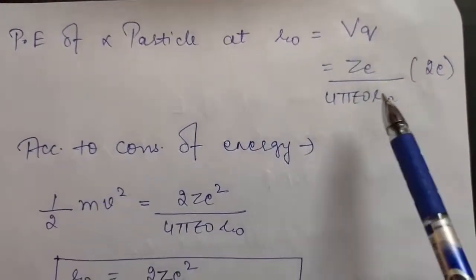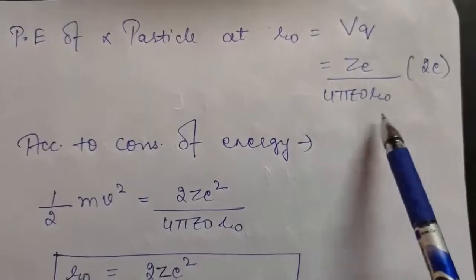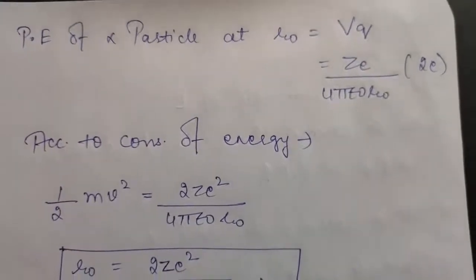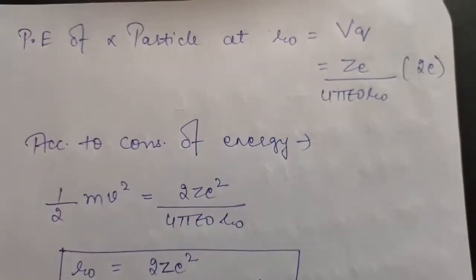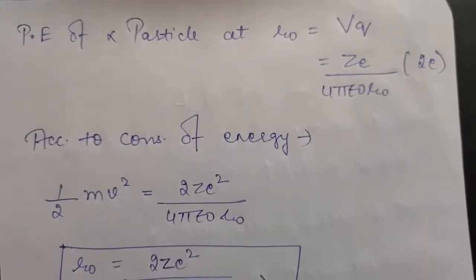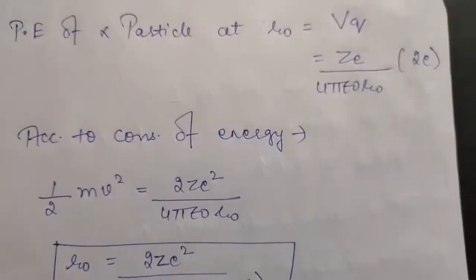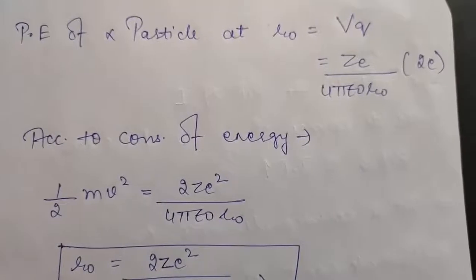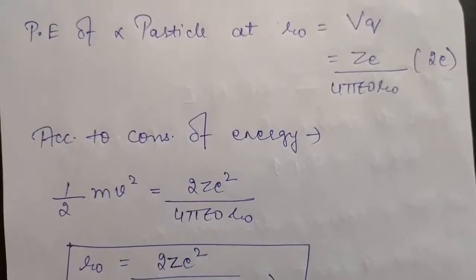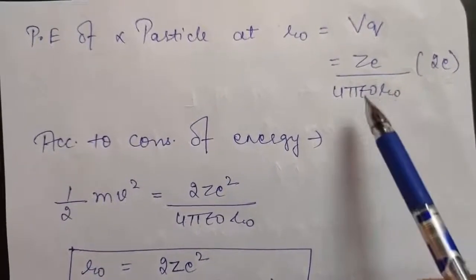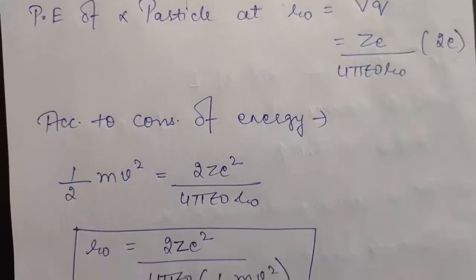Now this is the potential energy at r0, and as I told you initially, the alpha particle had some kinetic energy. Let us say that kinetic energy was half mv square. According to conservation of energy, this kinetic energy and that potential energy should be equal to each other.